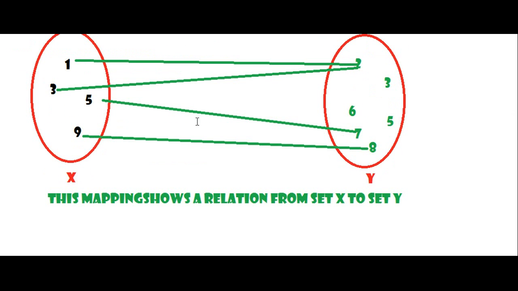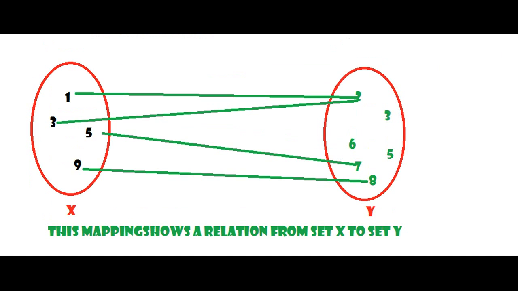So now what is domain and range? Because this relation consists of ordered pairs. So what is domain and what is range? So here, look at the figure. I'll just show you carefully. Okay, so here from the set x, we see 1, 3, 5, and 9. So these will be called domain sets.